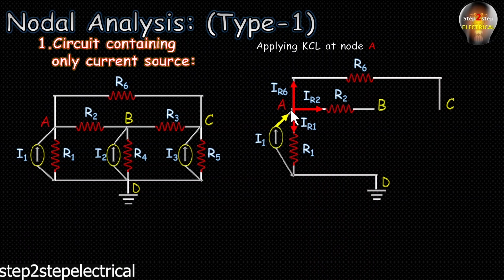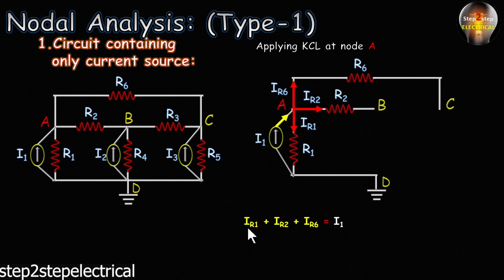I1 is the current entering node A, but IR1, IR2 and IR6 are the currents passing through resistors R1, R2 and R6, and they leave junction A. The KCL equation is the summation of incoming current equals the summation of outgoing current. So IR1, IR2 and IR6 summed must equal the current entering the junction, and I1 is the only current entering node A.